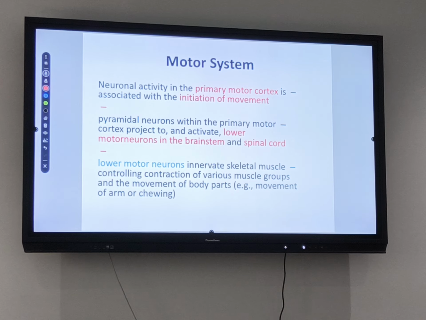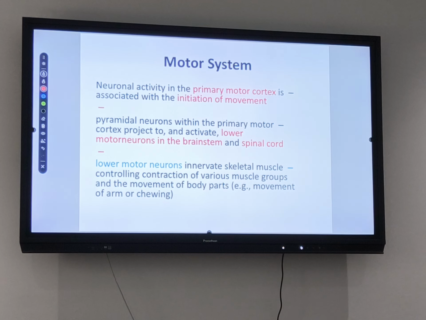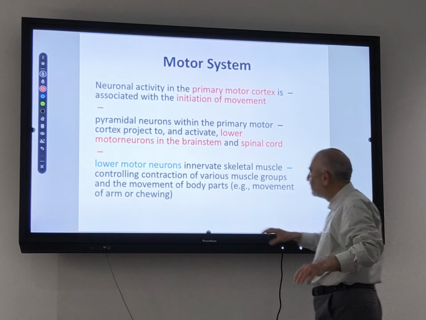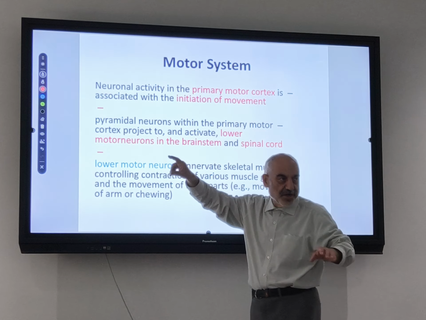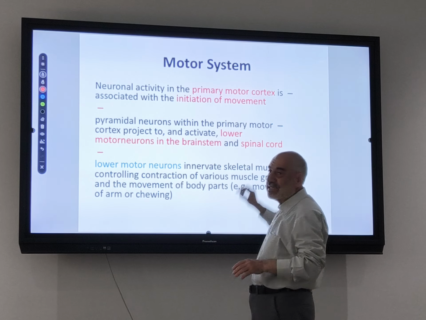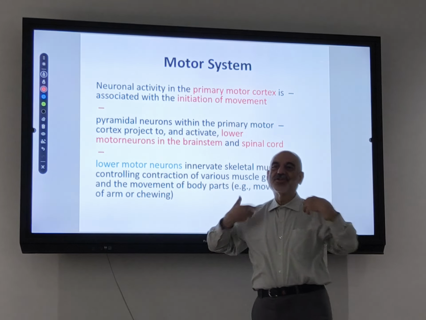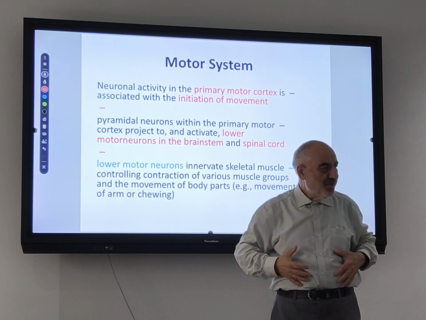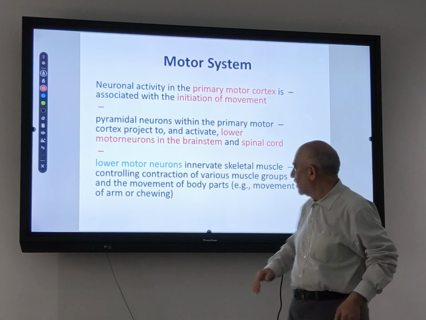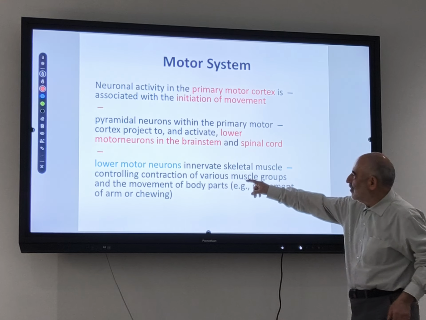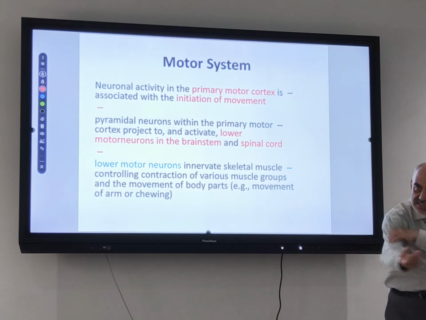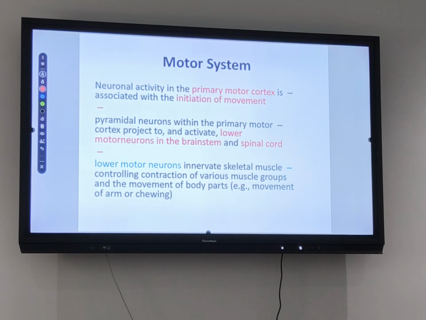Please know the names. Maybe in neuroanatomy they will tell you. It's very important. And for spinal, it's related to muscles of the limbs and the trunk. These lower motor neurons supply skeletal muscles.